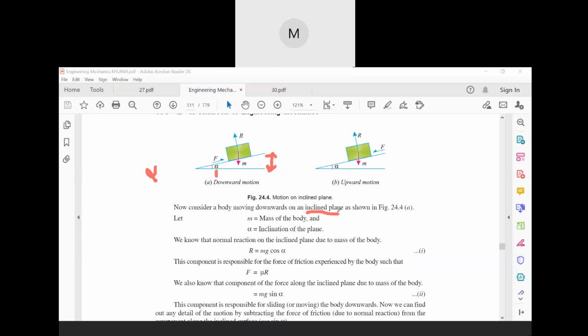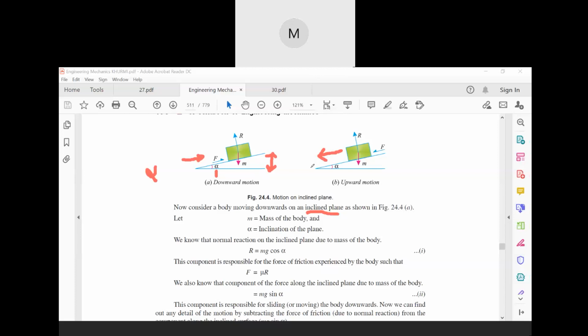Now, when a body is moving in an inclined plane, be it in the upward direction, in this direction, or be it in the downward direction, like this, so there are two directions.